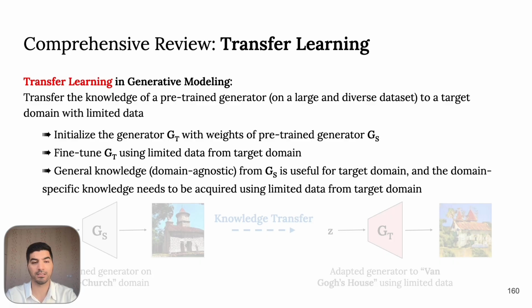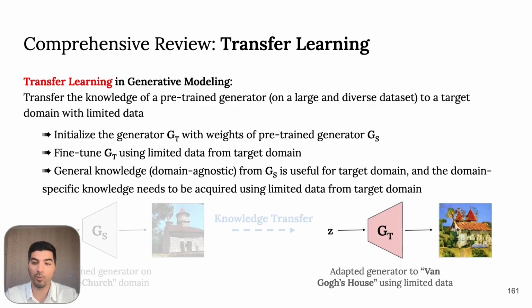The idea is that there is some general, or domain-agnostic, knowledge from the source generator which is useful for our target domain. We want to preserve this knowledge. And then there is some domain-specific knowledge from the target domain, and we need to acquire this knowledge by fine-tuning on the limited data from the target domain.